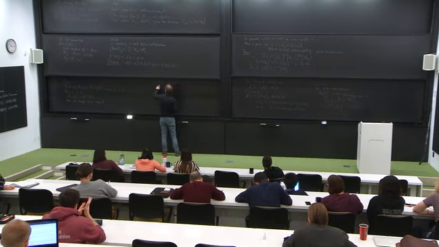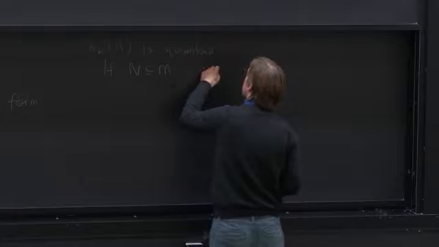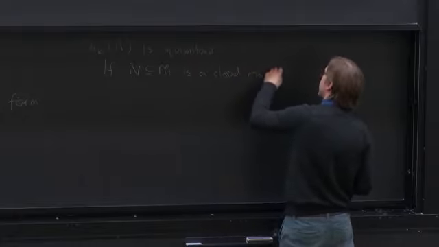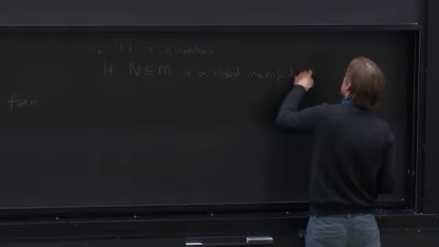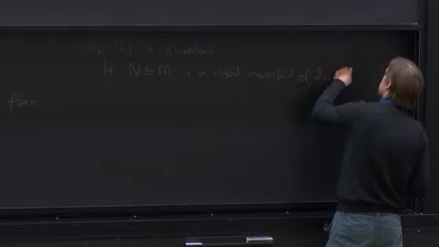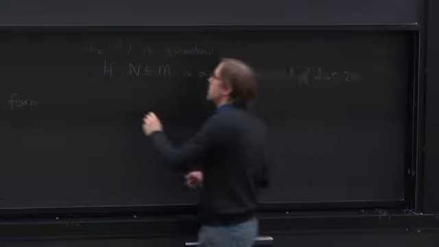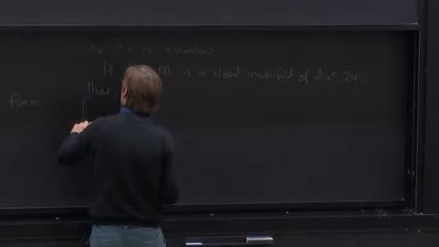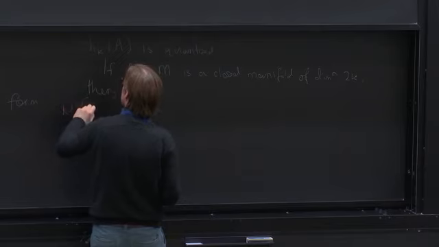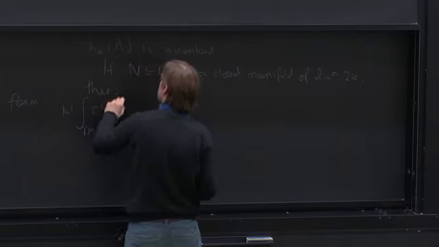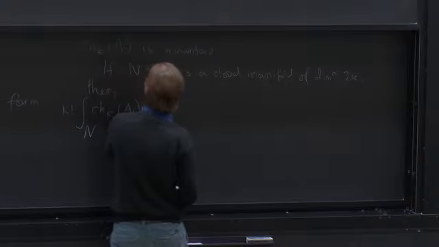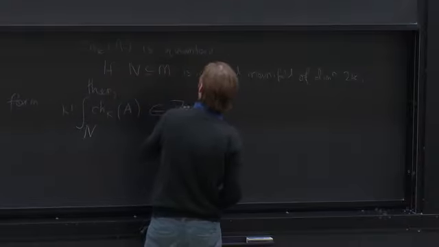So if N inside of M is a closed manifold, like no boundary, of dimension 2k, then if we got the normalization right, k factorial times the integral over N of this guy is an integer.